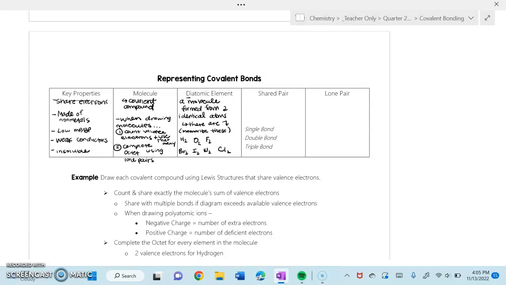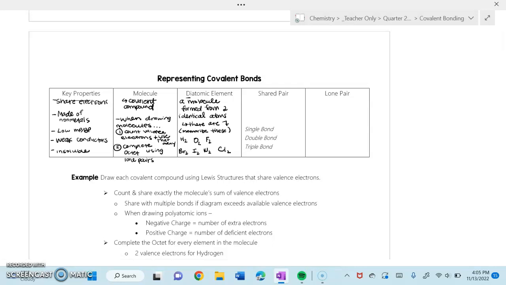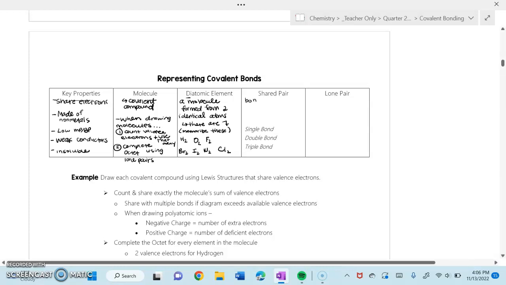Now about our electrons within our molecule drawings. We have 2 different pairs of electrons, or ways that electrons are drawn. So we have shared pairs, which is a bond of shared electrons between connected atoms.